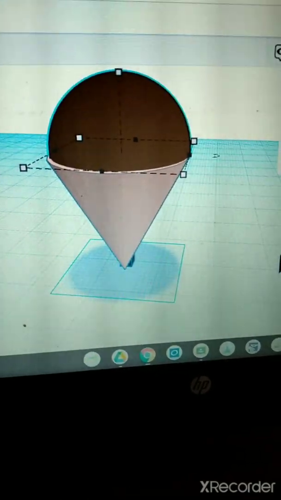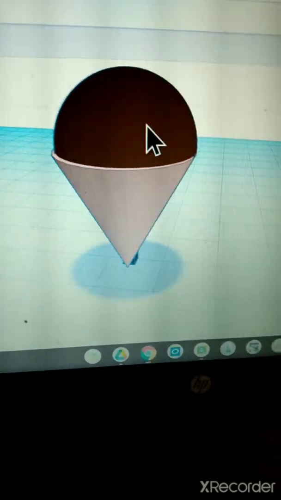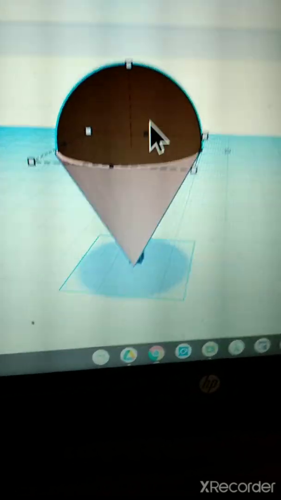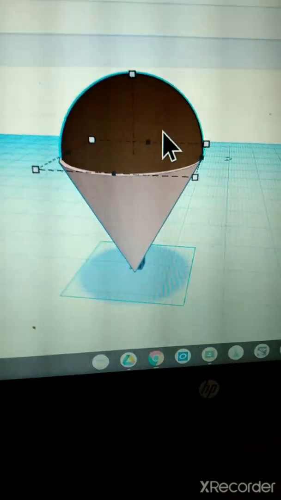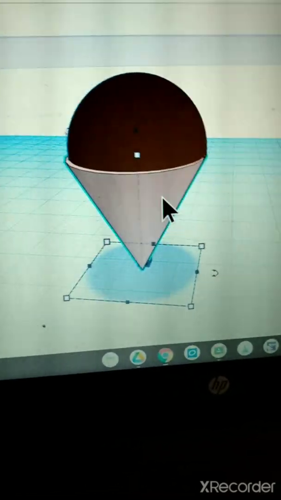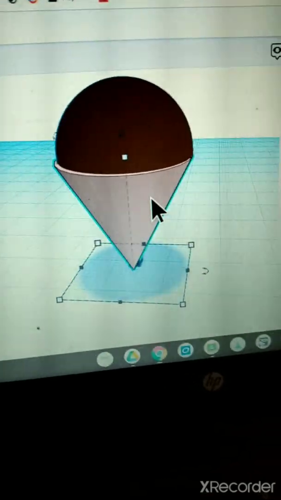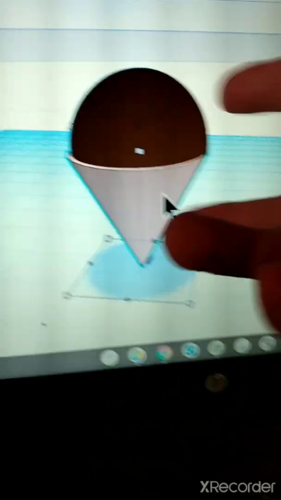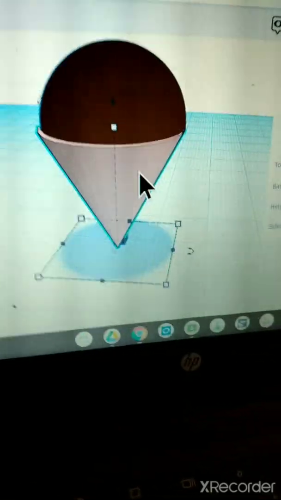So here is Patrick's ice cream. There is a hemisphere, also known as half a sphere, and there is also a cone. This is an example of a compound problem because it has two or more shapes combined.